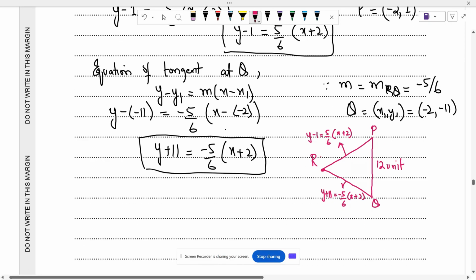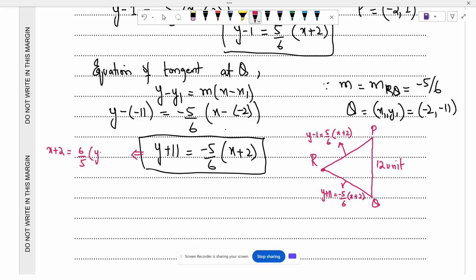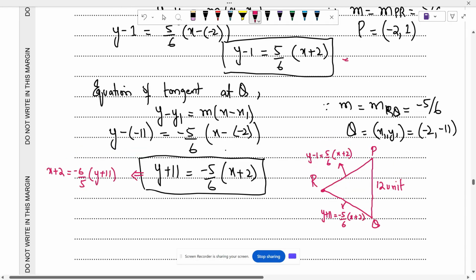We need to find R, and R is the intersecting point of this equation and this equation. So from this equation we can see that x plus 2 equals negative 6 over 5 times (y plus 11). And from this equation, x plus 2 equals 6 over 5 times (y minus 1).